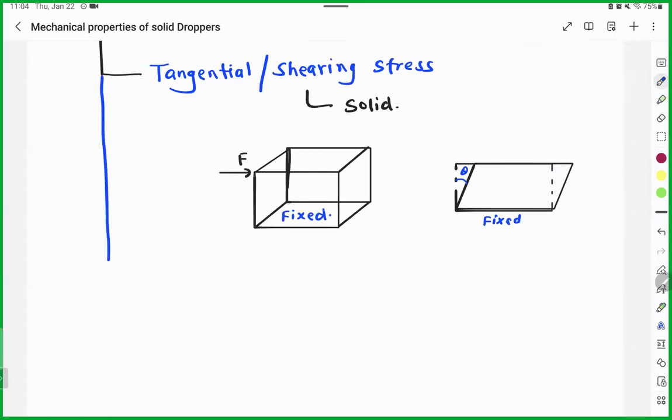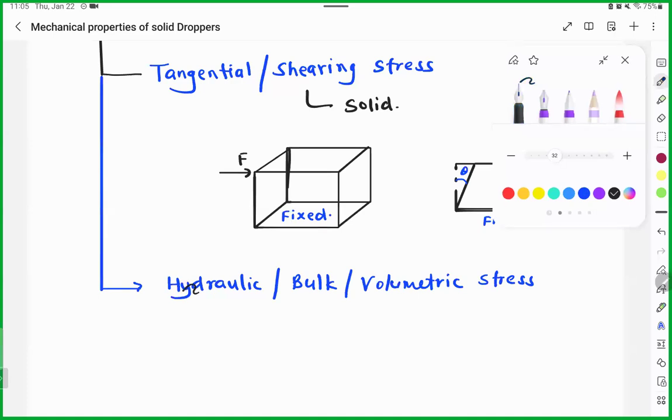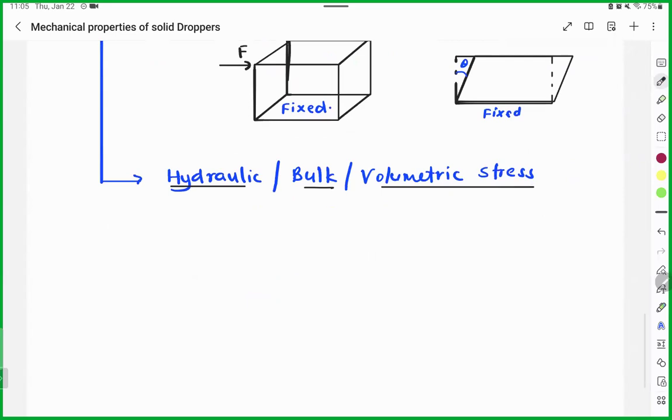The last stress is hydraulic stress, or bulk stress, or volumetric stress. All the names are important because they can ask in different forms. Hydraulic, bulk modulus of elasticity, you must have heard in the waves chapter, right?